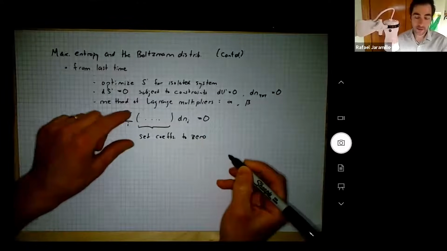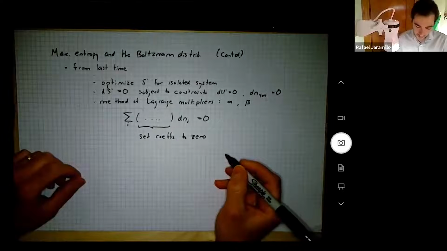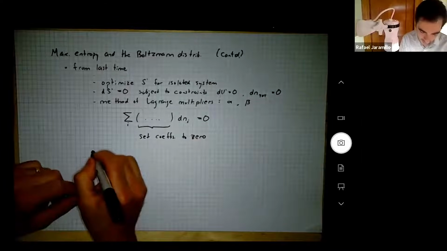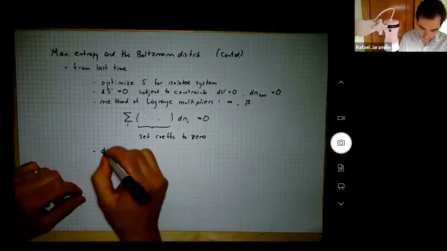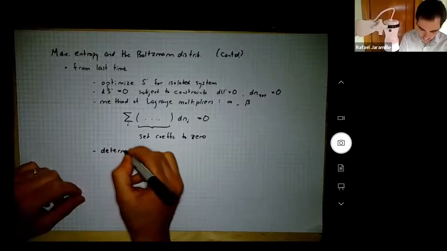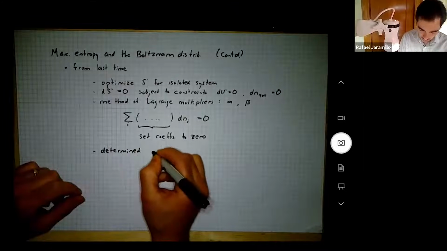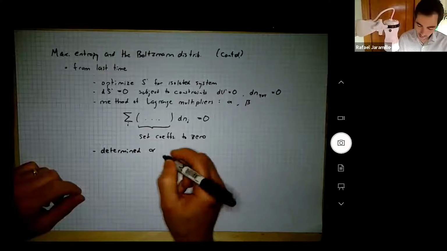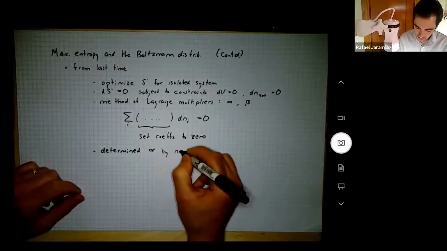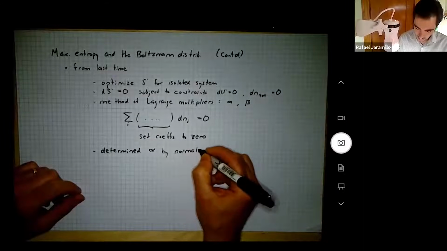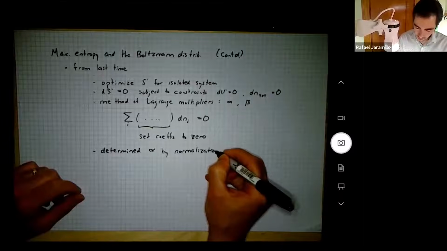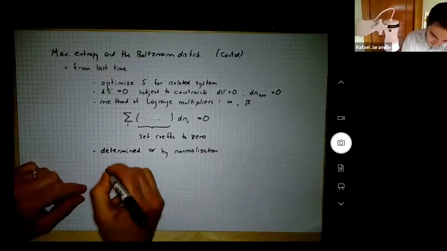So it was a very familiar thermodynamic thing that we did. We determined the first multiplier by normalization. So this is where we left off.